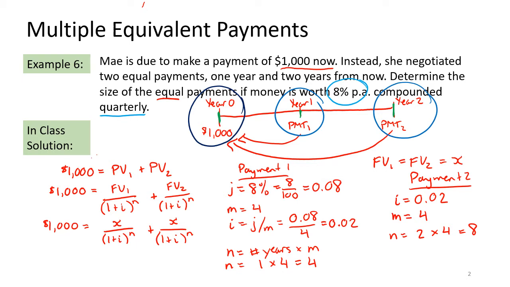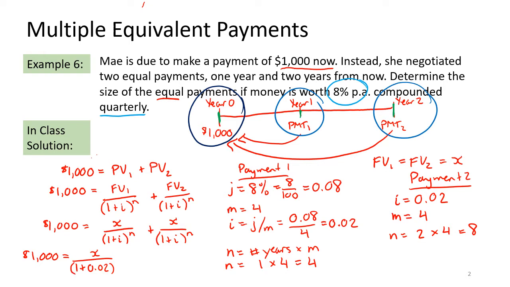Okay? So now we have all of the data. The only thing we don't have in this equation, you're going to notice, is x, so we're going to solve for that. All right? So substituting all of these values into this equation, we have $1,000 is equal to x divided by 1 plus 0.02.